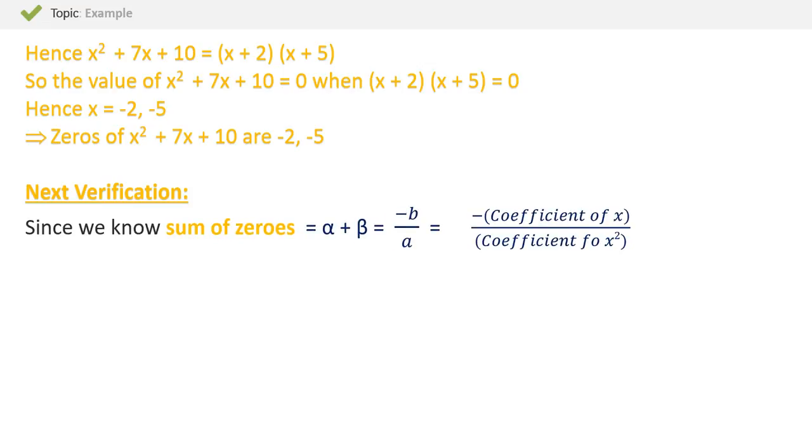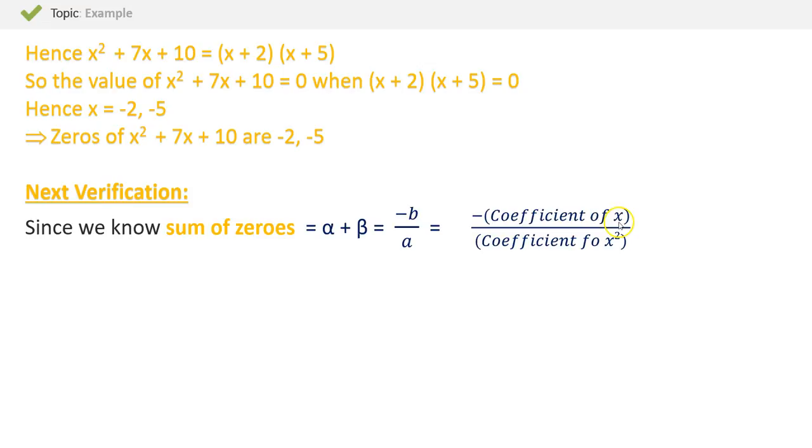So if we look, sum of zeros in this case is alpha plus beta. By definition, it should be minus b by a, which is nothing but coefficient of x with a negative sign, divided by coefficient of x square. I repeat, minus b by a.